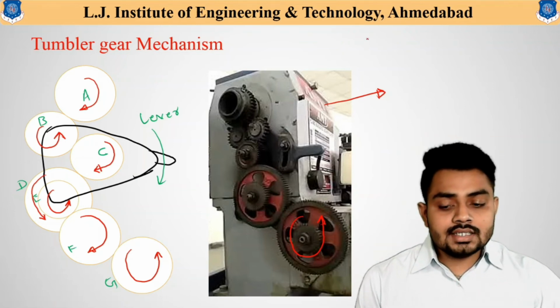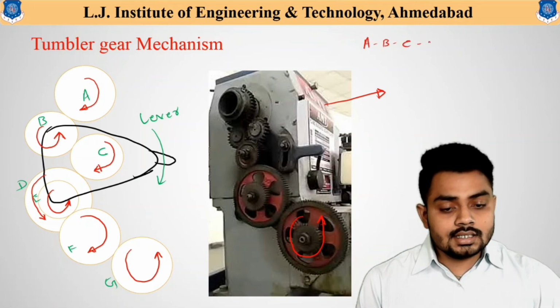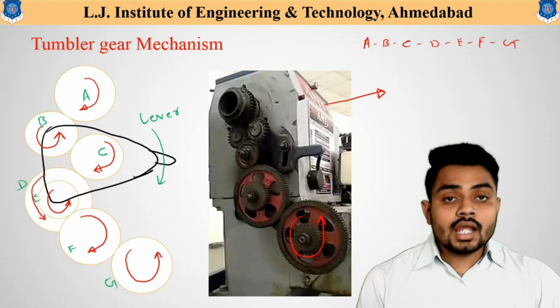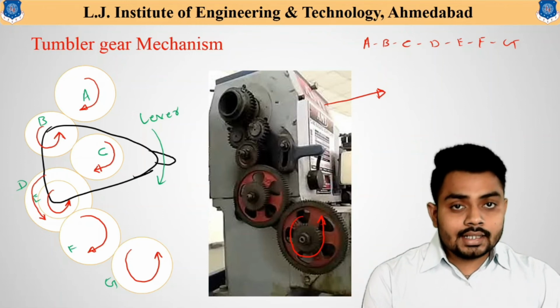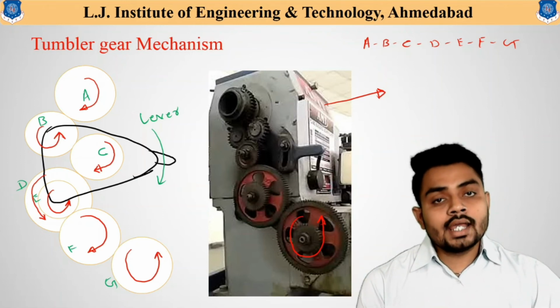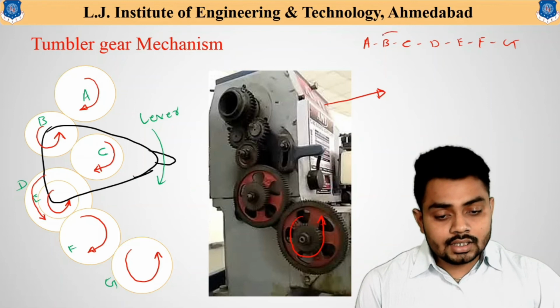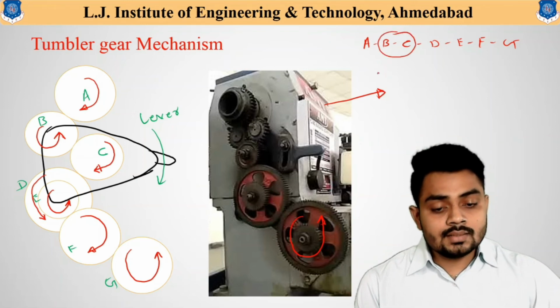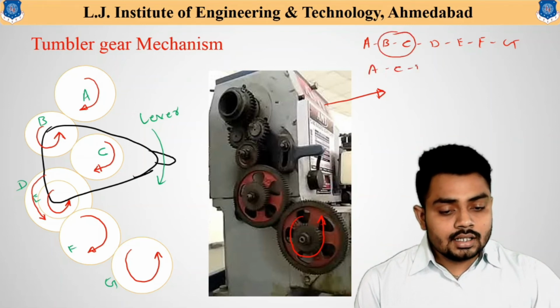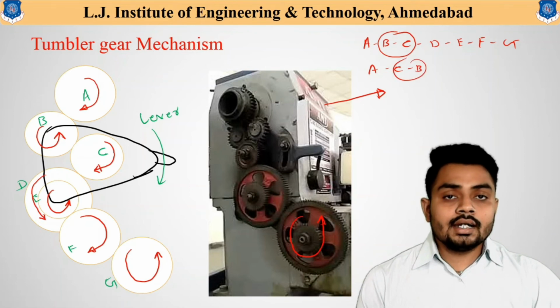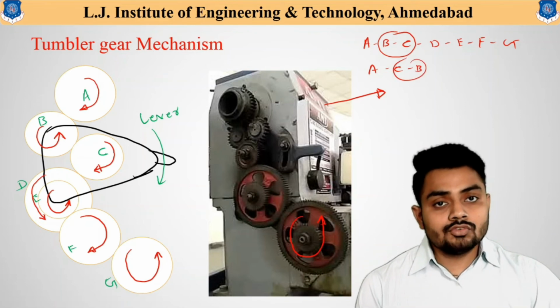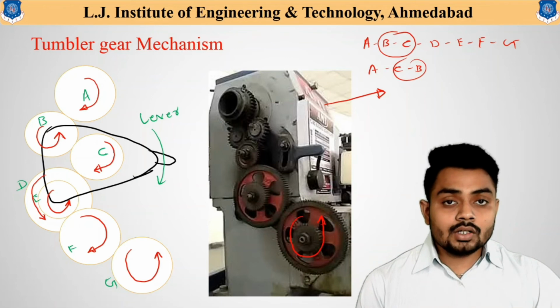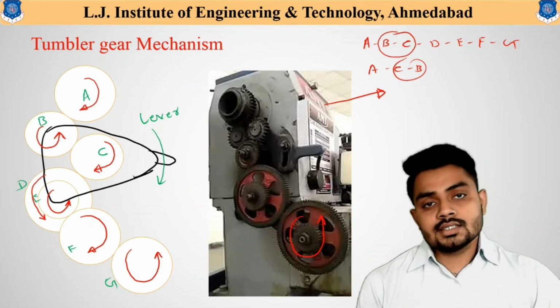So if we see from here, if the connection is A, B, C, D, E, F and G, at that time what happens? Carriage movement from the headstock towards the tailstock happens. But if the connection is reversed, that means if C and B are connected in this particular portion, the direction of the final movement reverses.